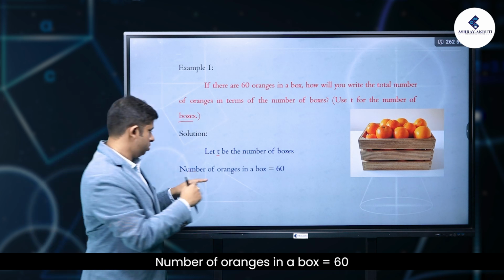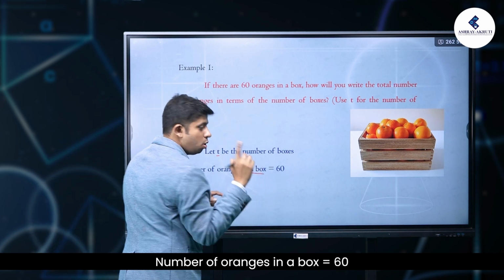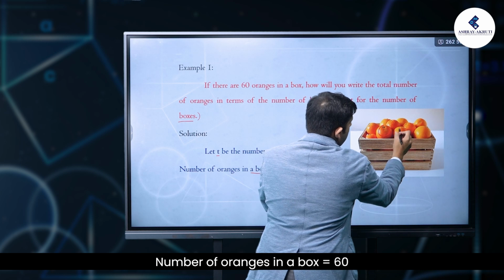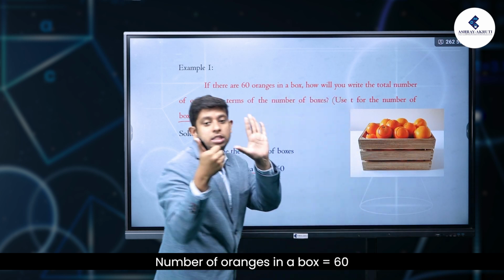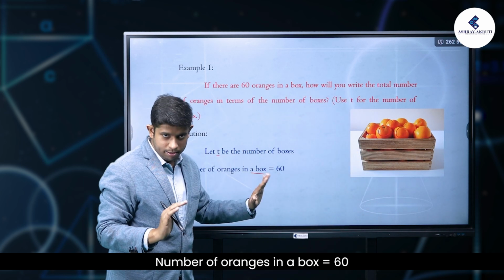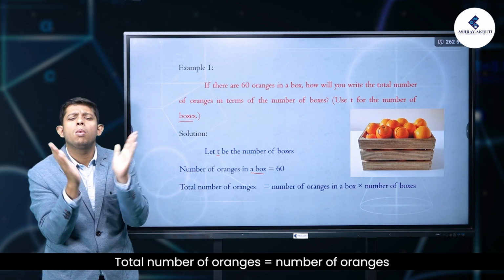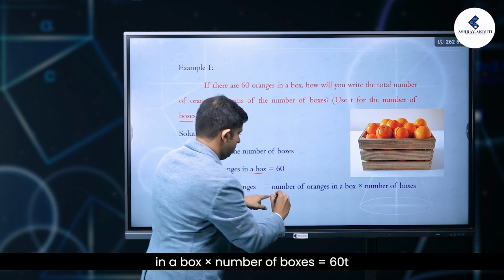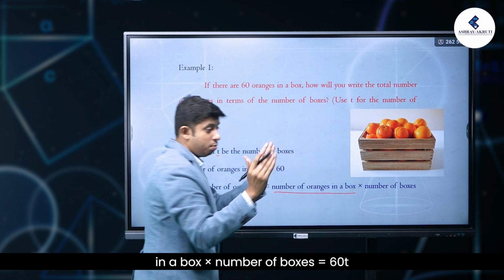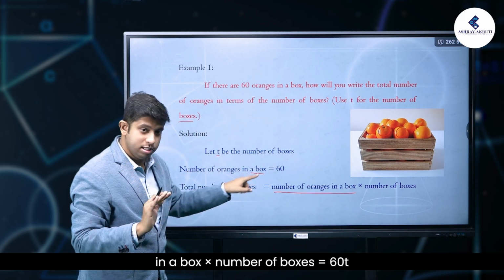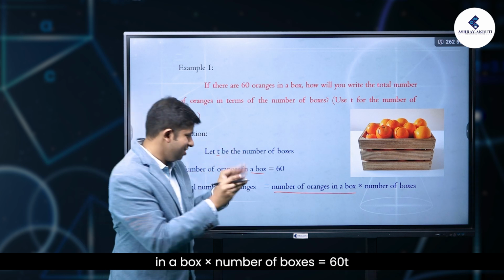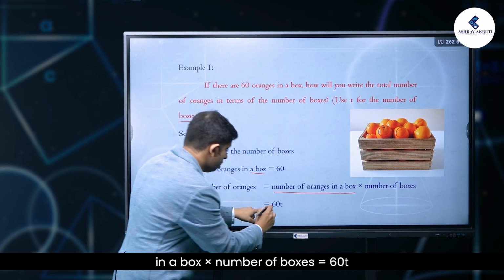Number of oranges in a box is equal to 60. Total number of oranges is equal to number of oranges in a box into number of boxes. It's equal to 60t.